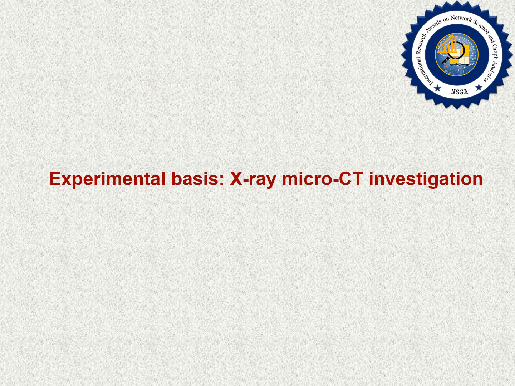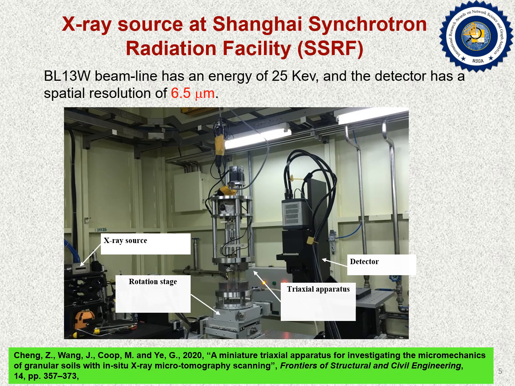The first part, X-ray micro-CT investigations. First, let me introduce the apparatus adopted in this research. You can see that the sample utilized is a miniature one with 16 mm in height and 8 mm in diameter. This is a picture of the experiment platform in the Shanghai Synchrotron Radiation Facility.